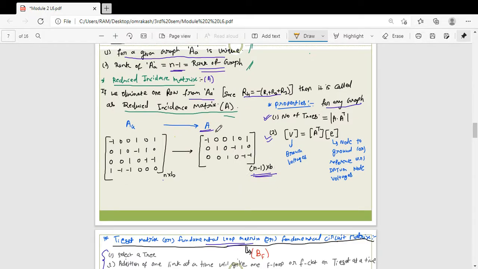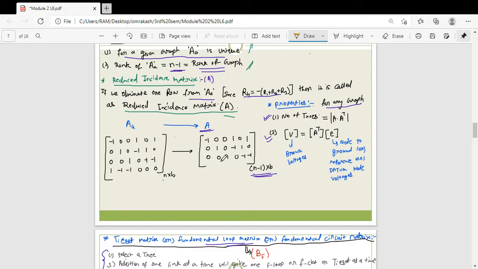Now why are we going to this matrix A, the reduced incident matrix? Because this matrix is valid for any type of graph. What is that property? The number of trees. How to calculate the number of trees? It is nothing but A into A transpose.